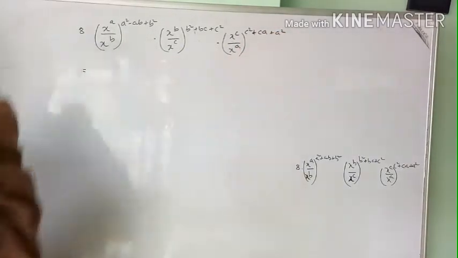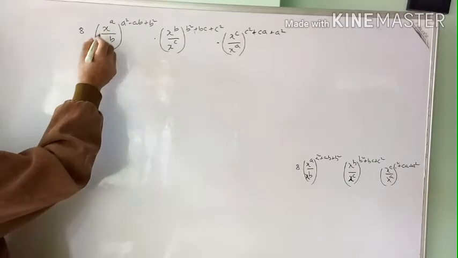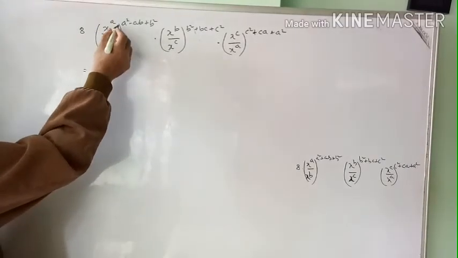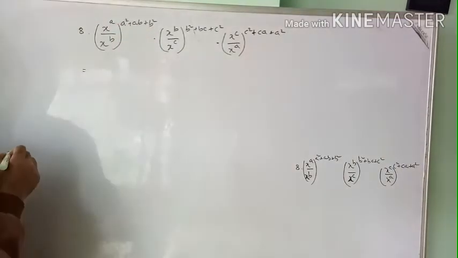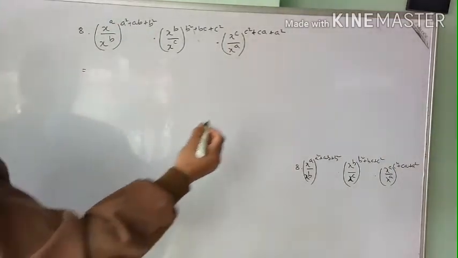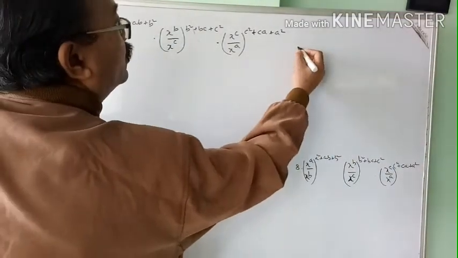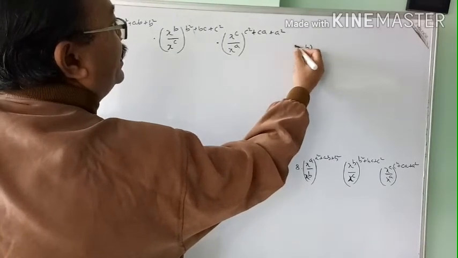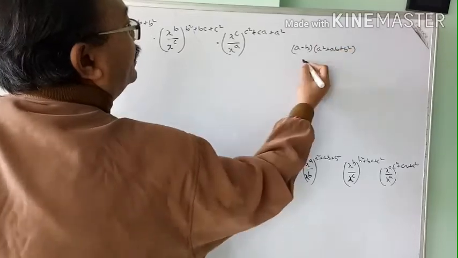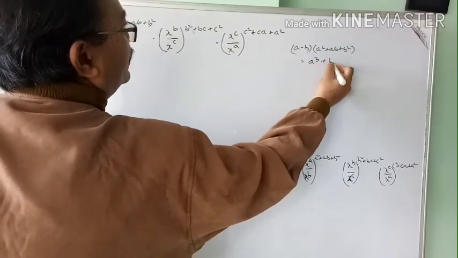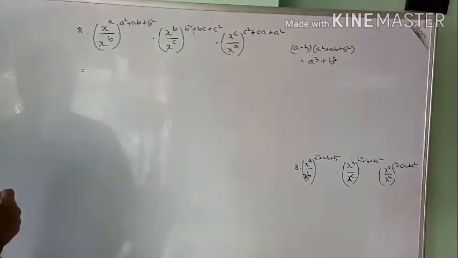Now if you see carefully, when you divide, you get x to the power a minus b, and a minus b into a square plus ab plus b square is actually a formula. We'll be using this formula.